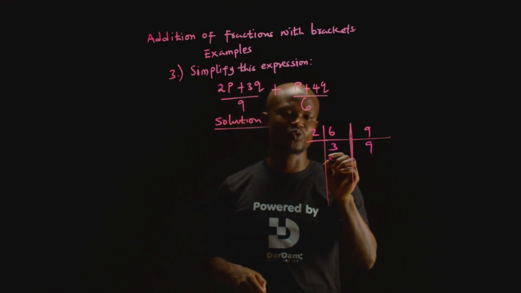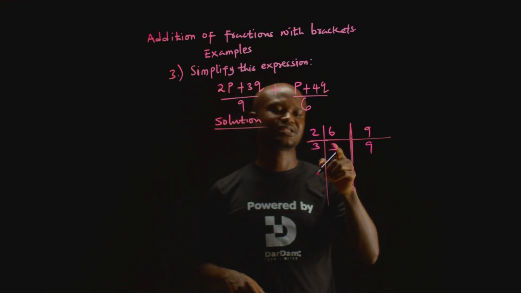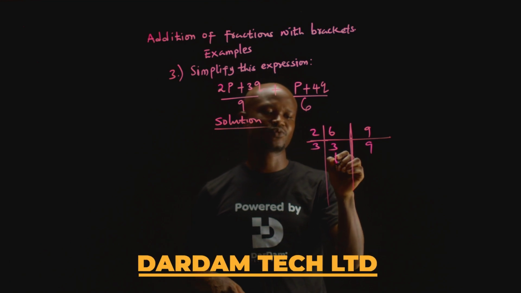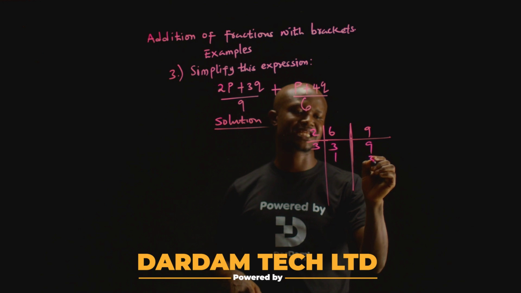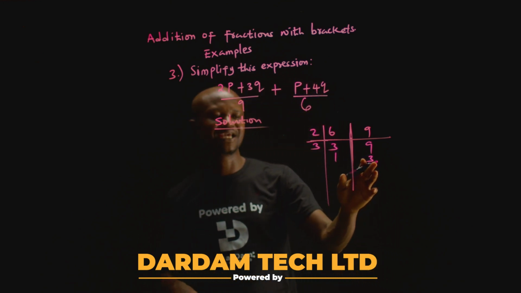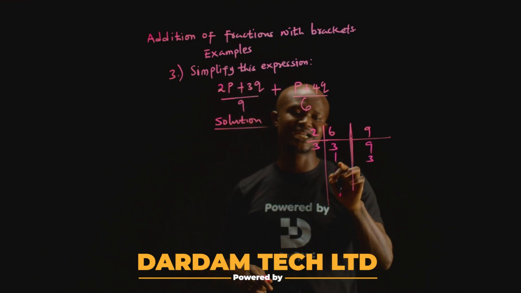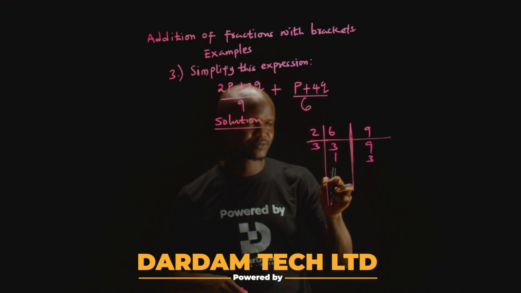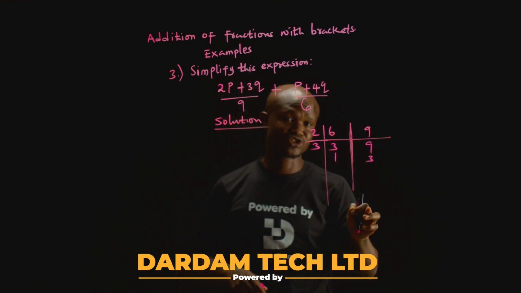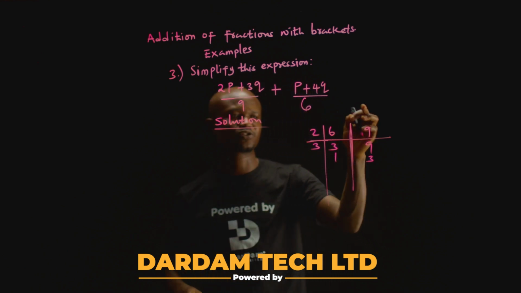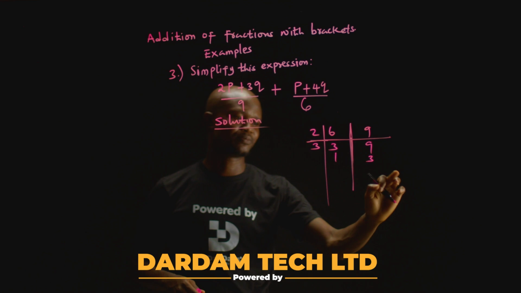Now, what number will divide 3? We use 3 also. 3 divided by 3, what do we have? 1. Now, 9 divided by 3, we have 3. We still have 3 here, and we must exhaust everything so that there is 1, 1 at the second and third columns at the end.